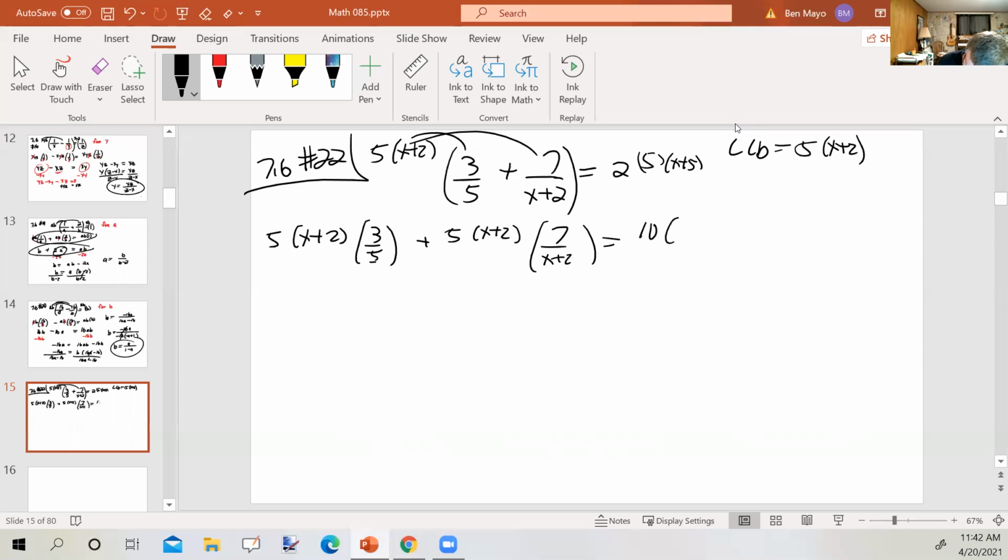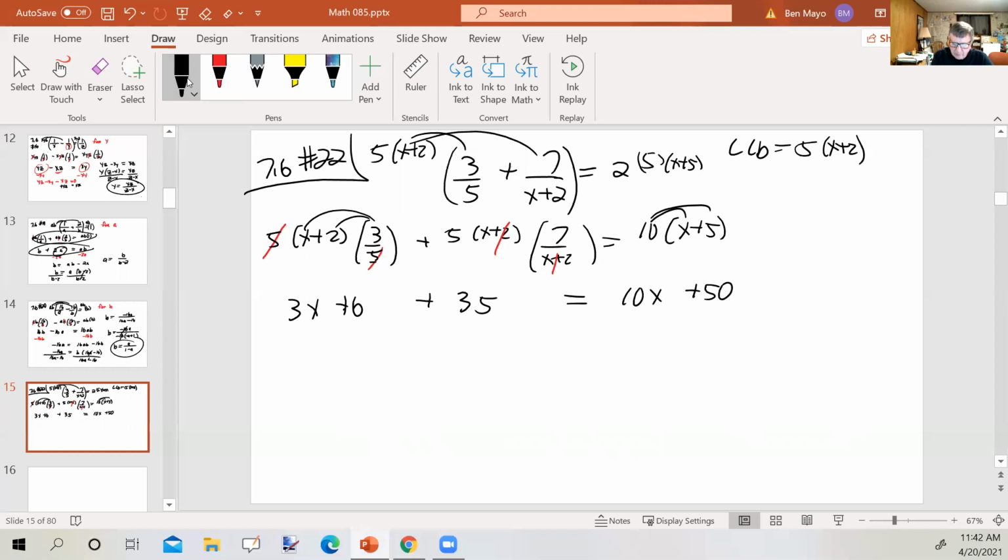So I'm going to write 10 times x plus 5. You okay with where I got the 10? Yes. All right. Going across and reducing, those go away. And I have 3x plus 6. Okay. Plus, those go away. And I have 35 equals 10x plus 50.